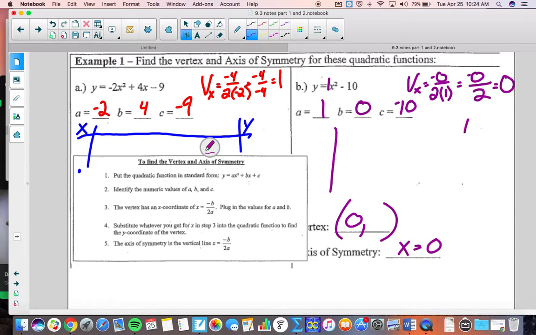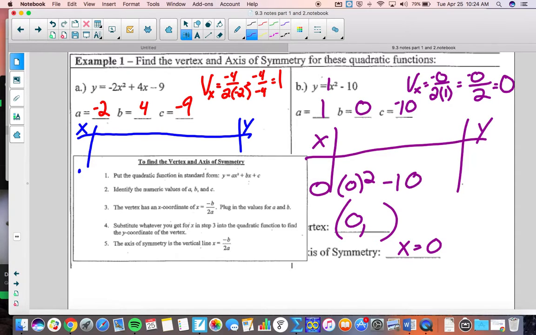But we need to figure out what y is. So making an input-output table, we're going to input 0 for x and calculate what y is. So 0 squared minus 10, and you'll get negative 10. So we'll have an upward facing parabola with a vertex at 0, negative 10.